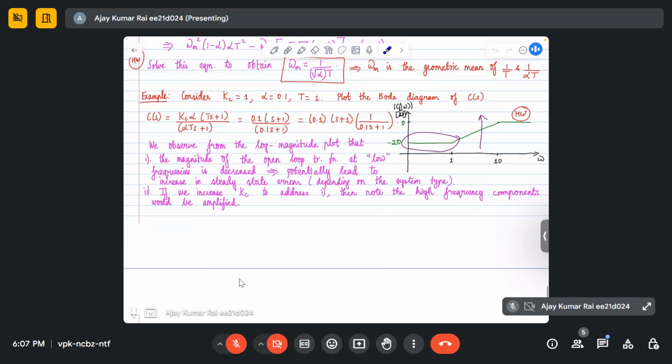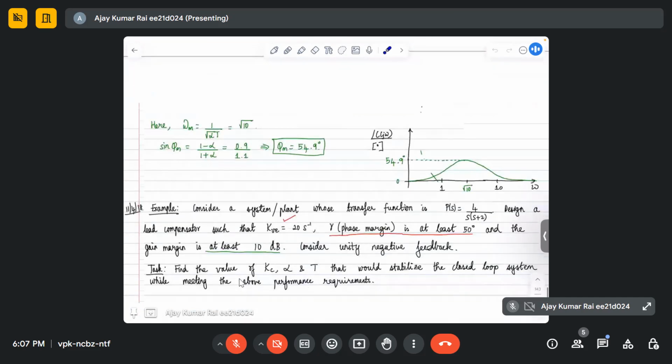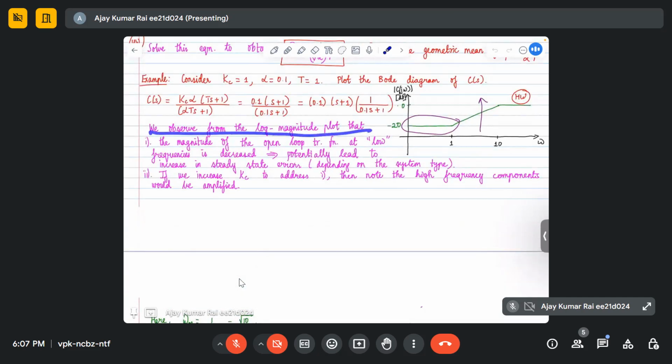That we'll see. A few observations are here. It is written that the magnitude of the open loop transfer function at low frequency is decreased, which potentially leads to an increase in steady state error. We have seen, right? The more the gain at lower frequencies, the lesser the steady state error.